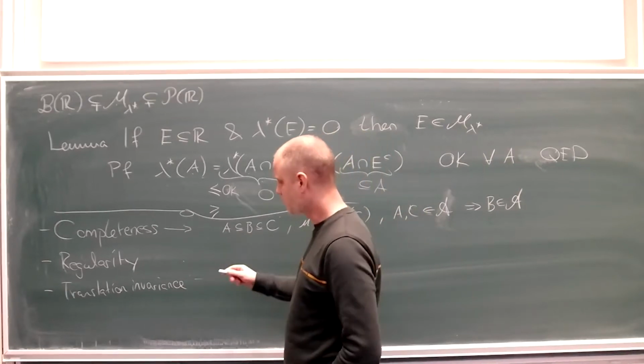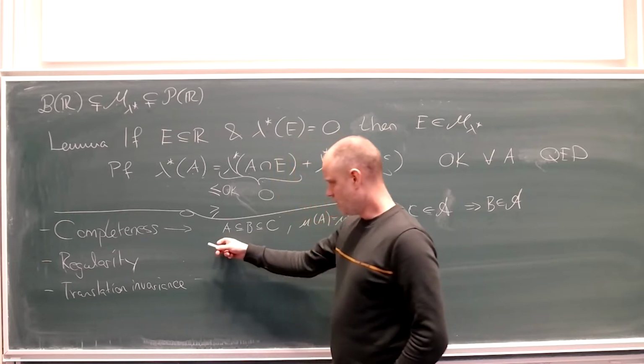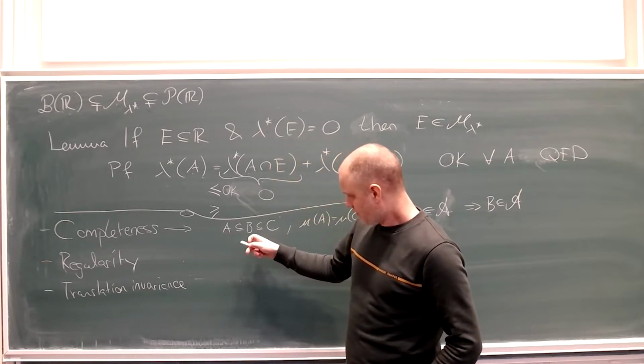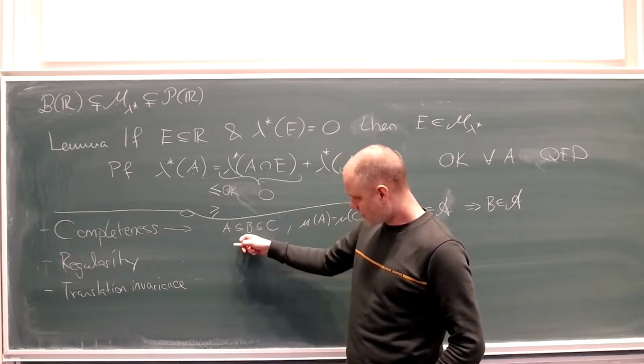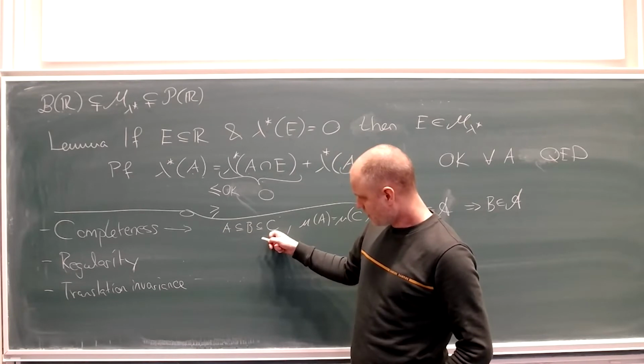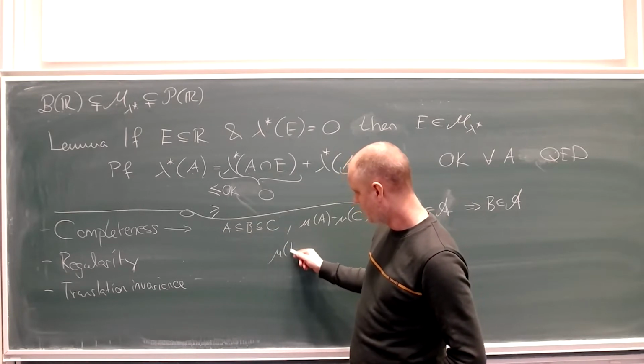It's also a nice statement. Again, if we have a sequence of inequalities like this, one is smaller, this is in the middle, and this is bigger, and now we consider mu of B.